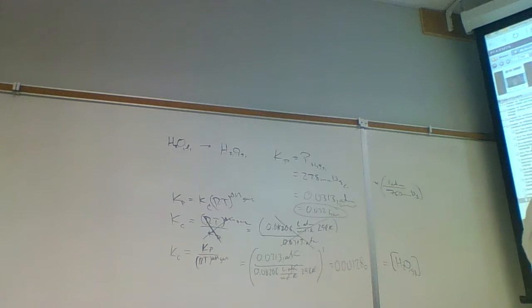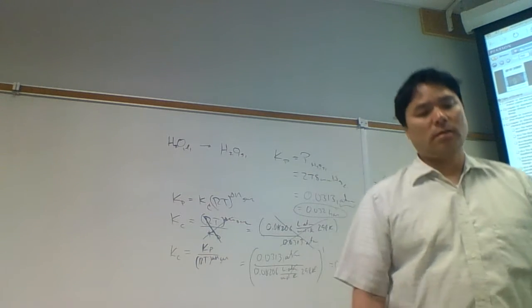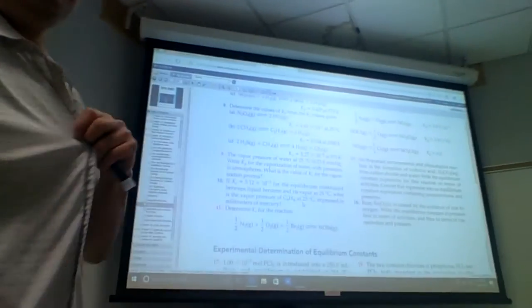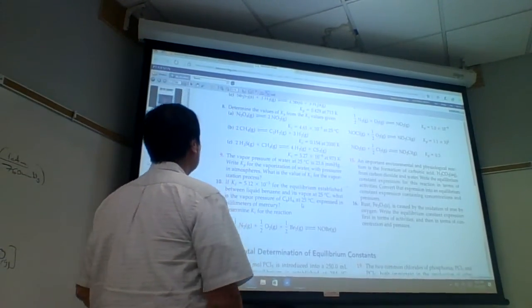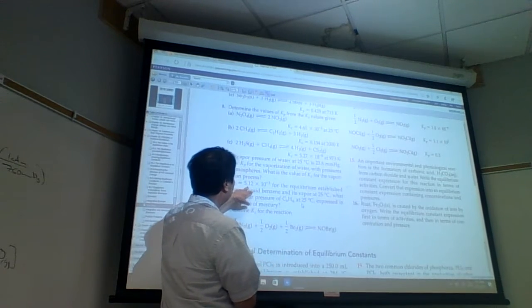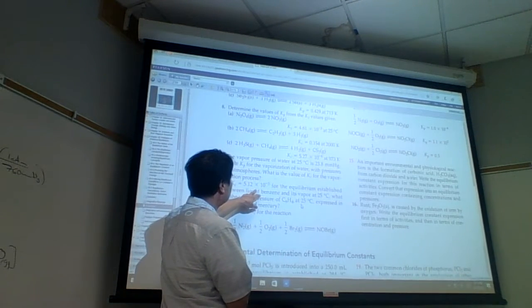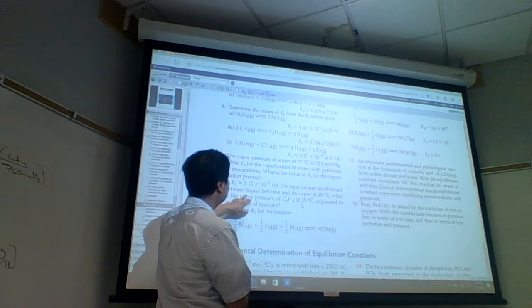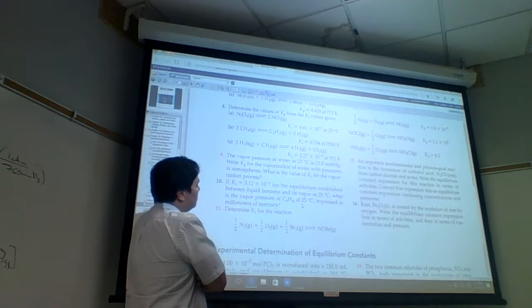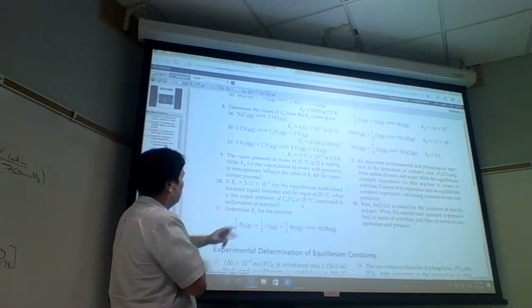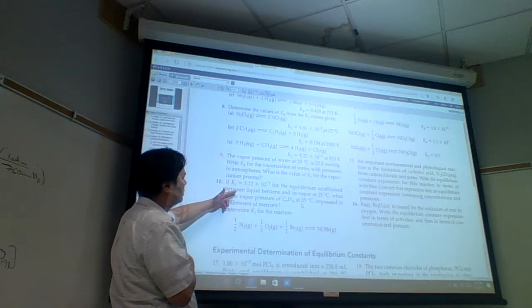Let's look at number 10 here. I saw some people were working on this. If Kc is equal to 5.12 times 10 to the minus 3 for the equilibrium established between liquid benzene and vapor, what is the vapor pressure expressed in millimeters? Again, this would just be the Kc to Kp conversion.